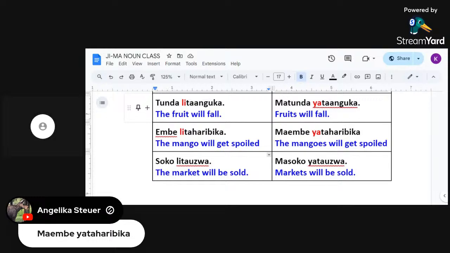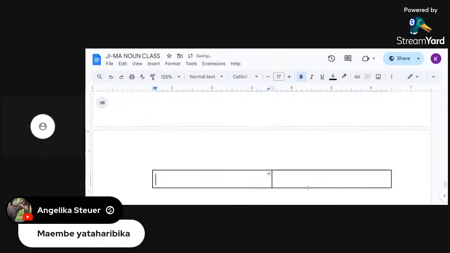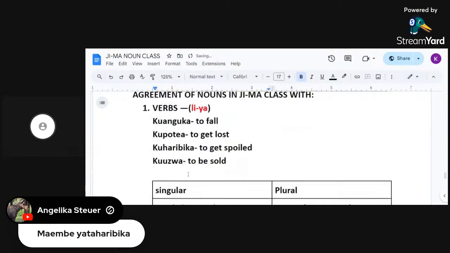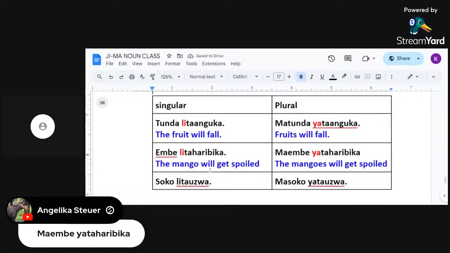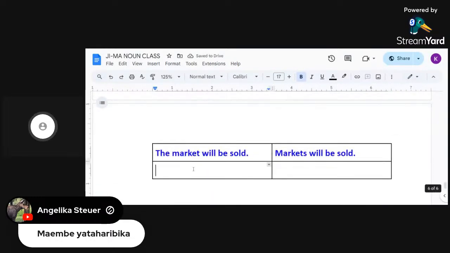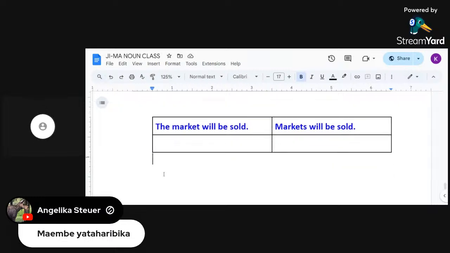Okay, I'll just give you another exercise. You just write here in the chat. The verb is kununuliwa. Kununuliwa is to be bought.